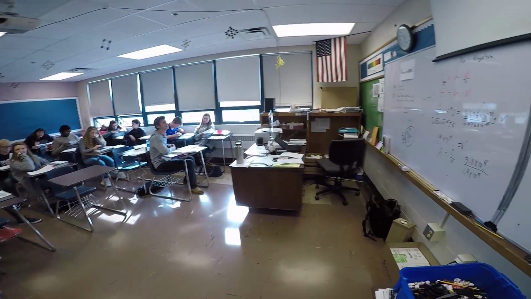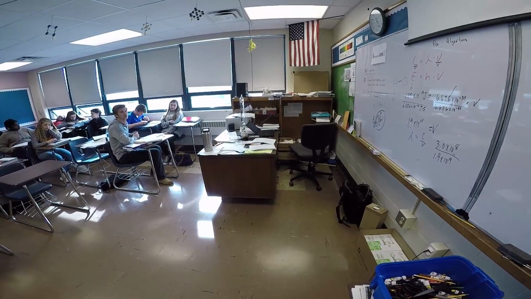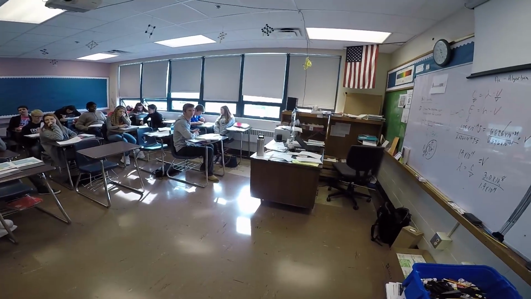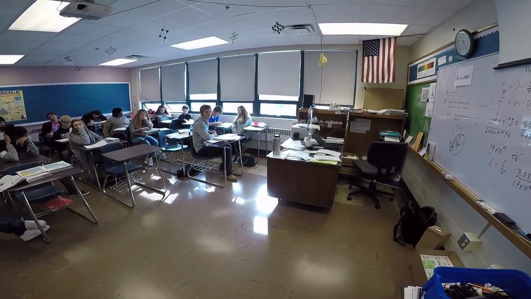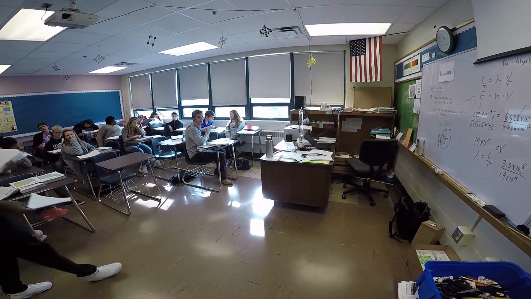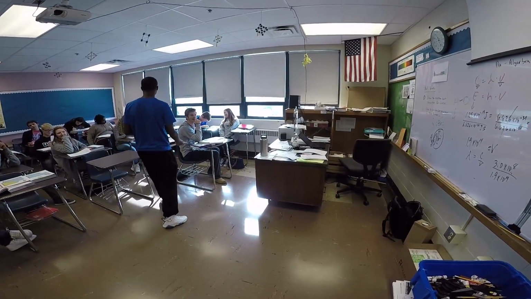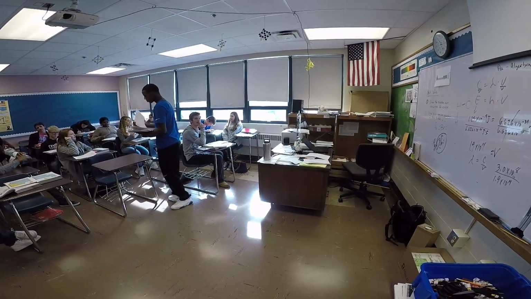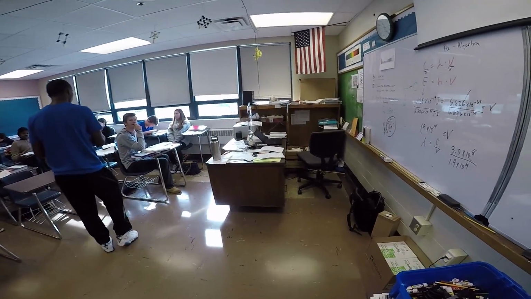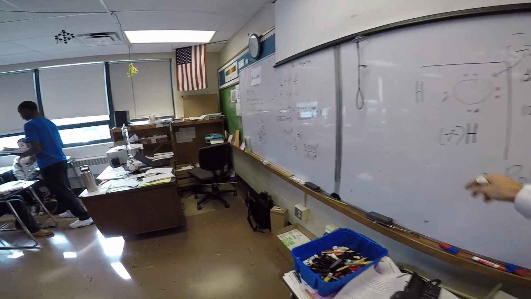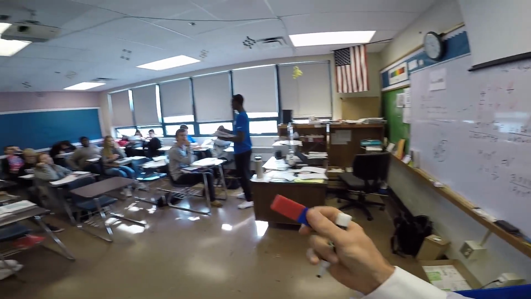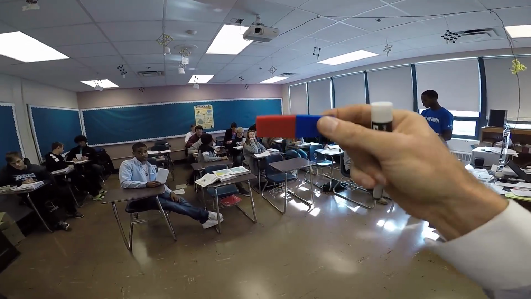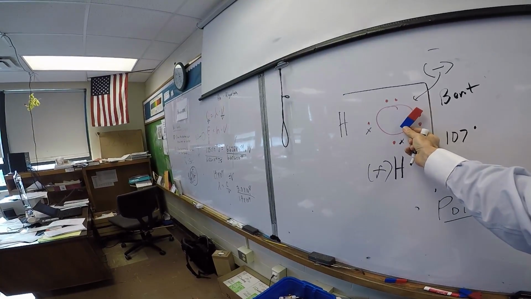No, negative. Electrons are negative, so this area is going to be negative. Now, hydrogen is losing its electron to water. So what charge do you think is going to be here? Positive, right? Magnets are positive and negative. Like this magnet right here has an area of positive and an area of negative. That's why the colors are different.